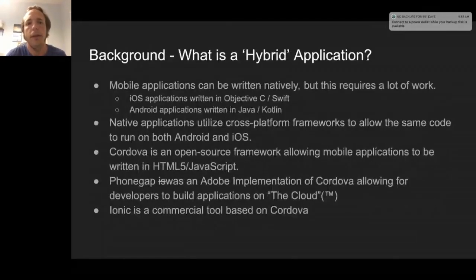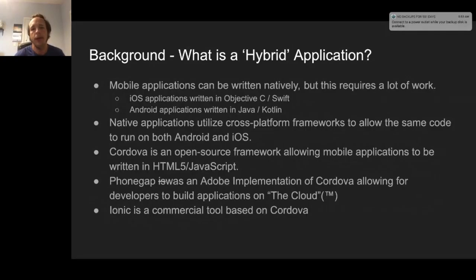So the first thing you want to ask is, what exactly is a hybrid application? When you've already written a mobile application in HTML and JavaScript, and you say, okay, we want to put an app on the App Store. Well, now you've got to hire developers to write a native application for iOS and a native application for Android that's totally separate from the mobile applications you've already written. And that's expensive, right?